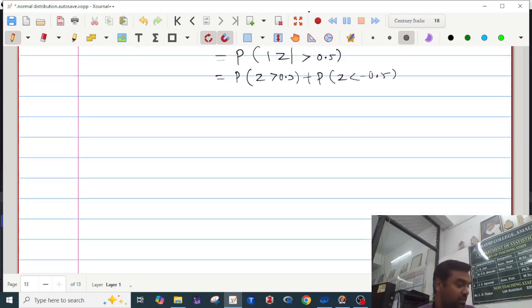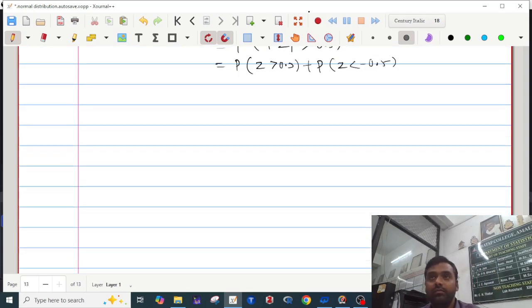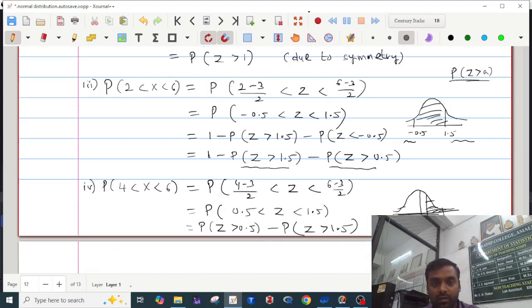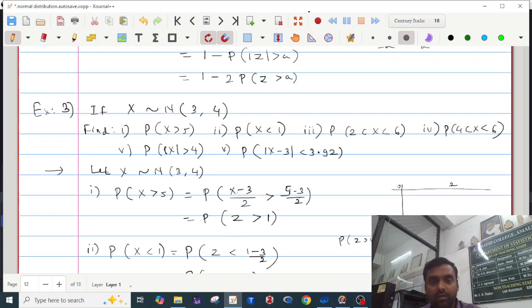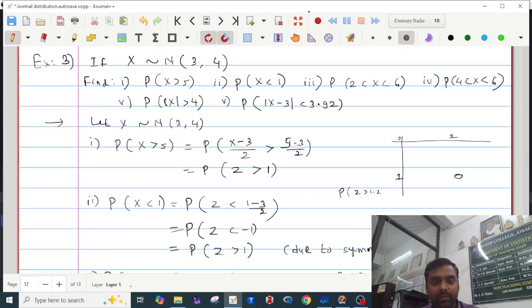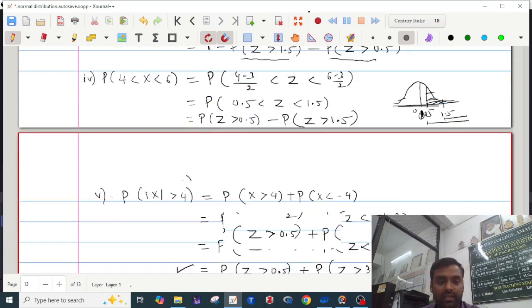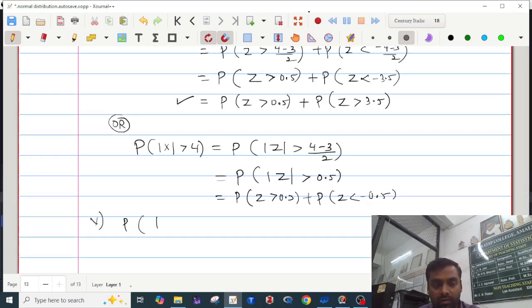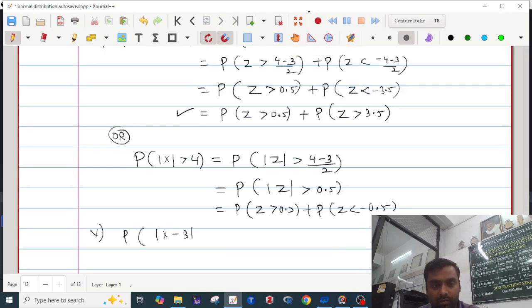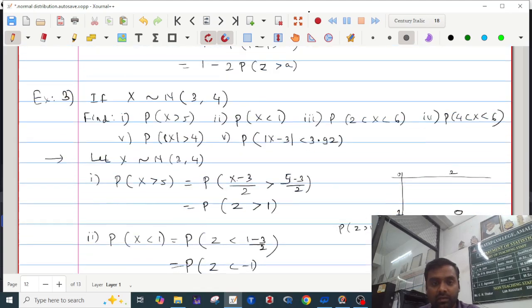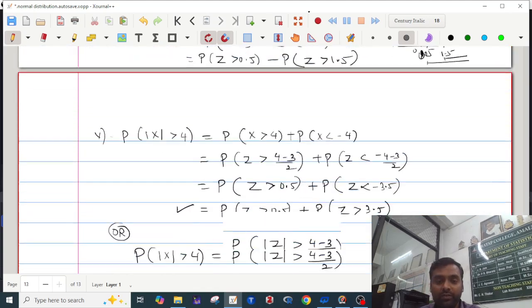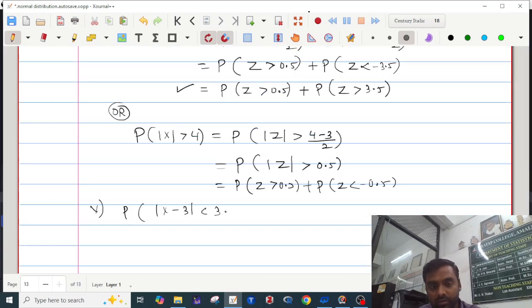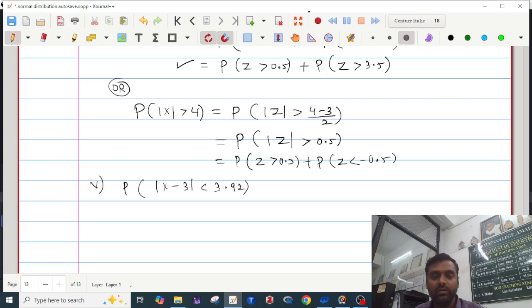Next part, probability of mod of x minus 3, last part, less than 3.92. To find out this probability, it is already here mod of x minus mu.